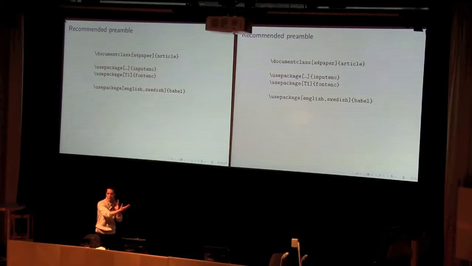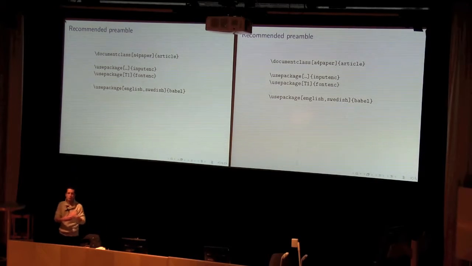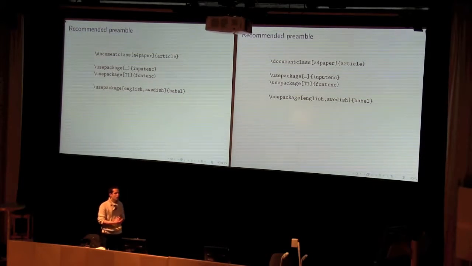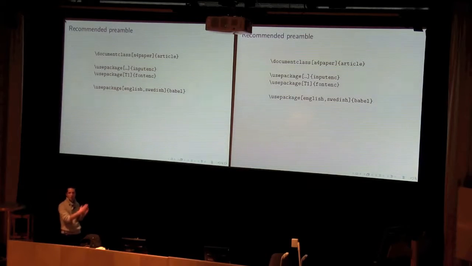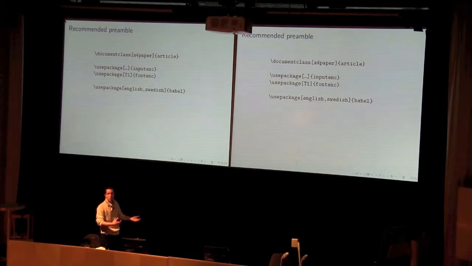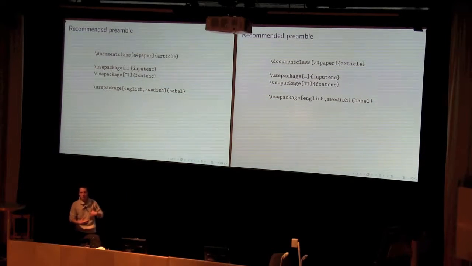So it's a command. But if you have Babel with German, it is so useful to have a ligature for this umlaut O that Babel defines it for you, because this is a very frequent character. So you don't need the backslash at the beginning anymore. Is this more clear? Okay.